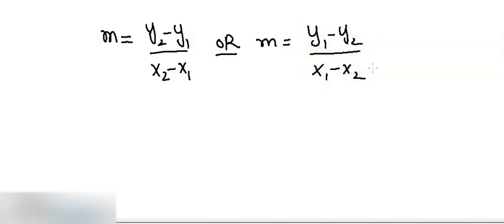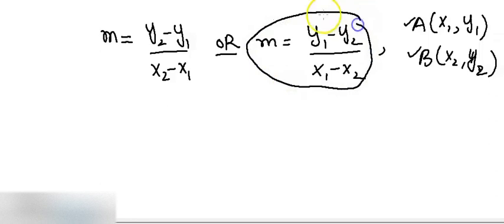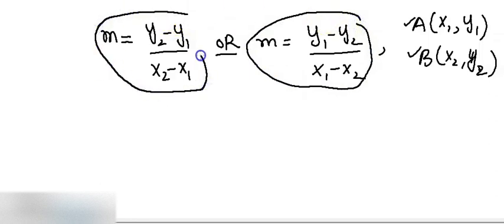There is no difference. Where y1 and x1, and y2 and x2 are these 2 points, x1 y1 and B is x2 y2. Suppose you have a line that is passing through these 2 points, then the slope of that line will be calculated by either this formula or this, which is basically the same thing.